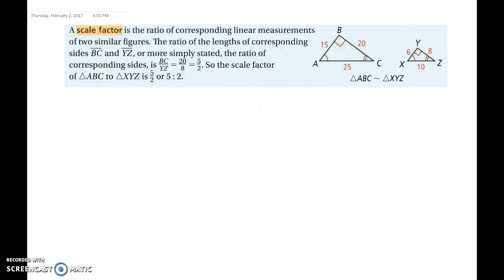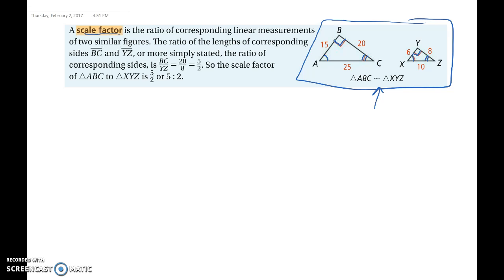All right, so if we look at these two triangles here and we want to know, are they similar? Forget about the scale factor right now. We're going to go through that in a minute. I know it tells us that they're similar here with that similarity statement, but if we want to know if they're similar, first we need to look and see, due to corresponding angles, are they congruent? Well, it tells us A is congruent to X, C is congruent to Z, and angle Y is congruent to angle B. So we know all the angles are congruent.